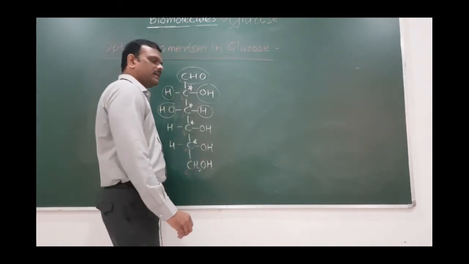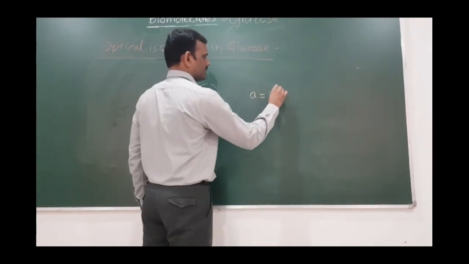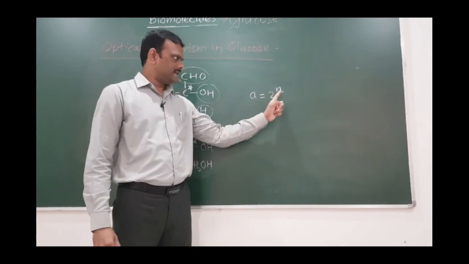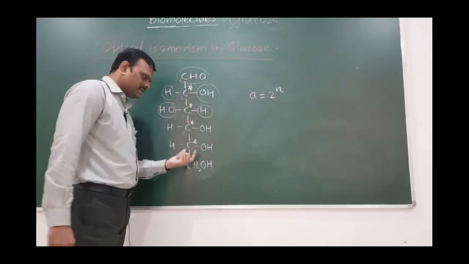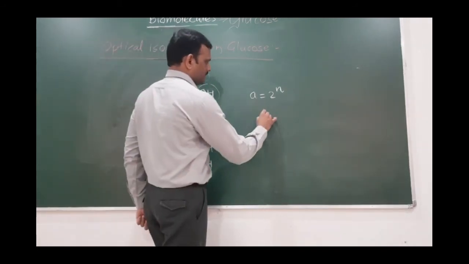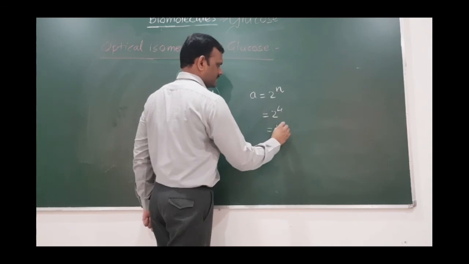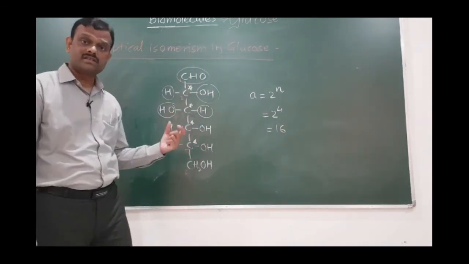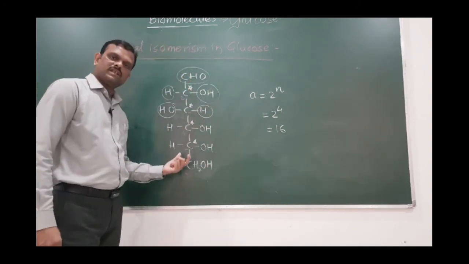Now, to calculate the total optical isomers, we have to use the formula A is equal to 2 raised to n, where A is the number of optical isomers and n is the number of chiral carbon atoms present in the structure. That means the value of n is 4 for glucose, therefore it is 16. Therefore, glucose has 16 optical isomers, and it is proved on the basis of this structure.